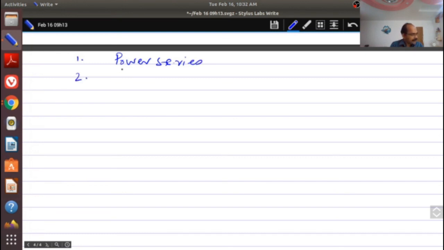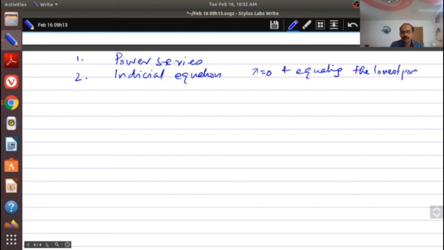Second, we obtain the indicial equation by putting lambda equal to 0 and equating the lowest power of x terms. Okay, we get the indicial equation.